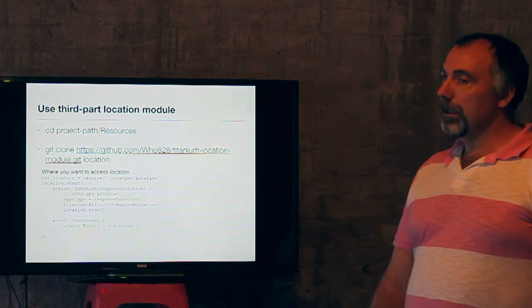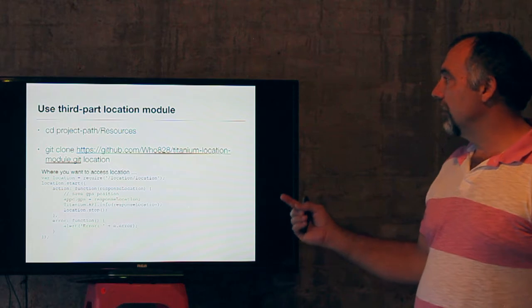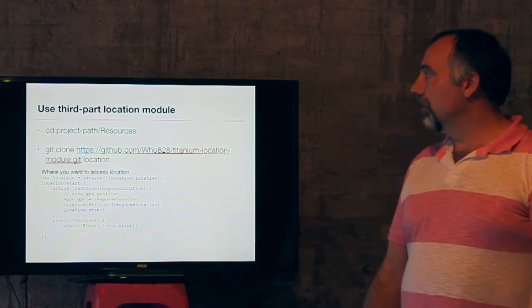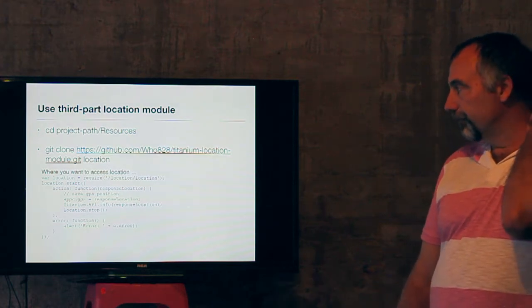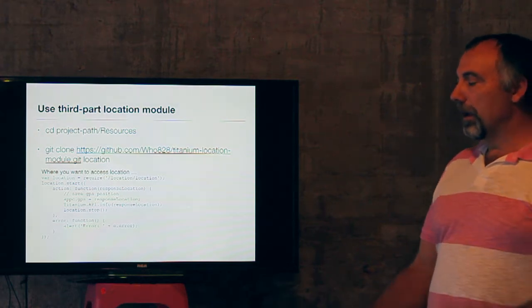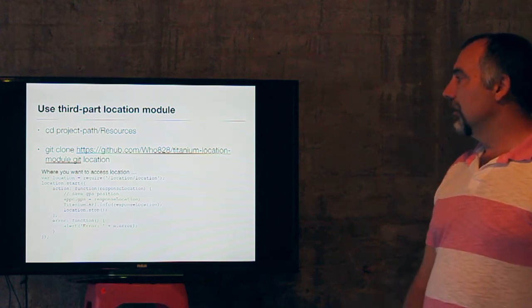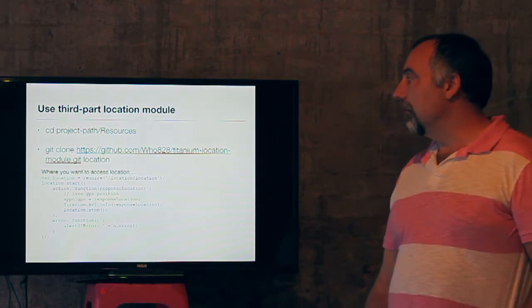For instance, in the app, I finally decided to implement a third-party location module, because in the Android case, the location takes a lot of time, and it's not possible to have the location in time.